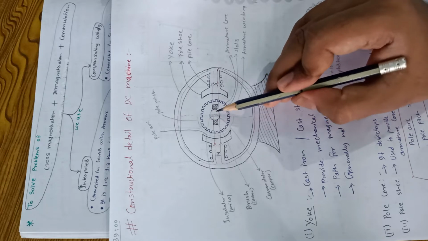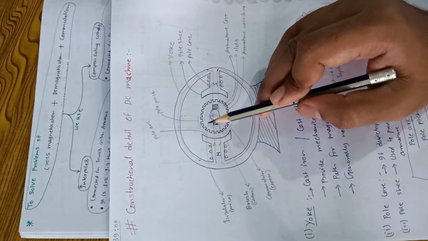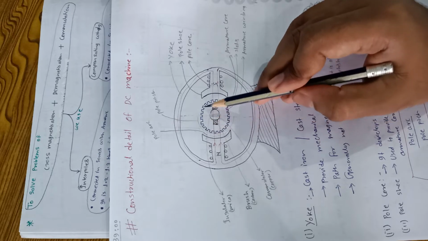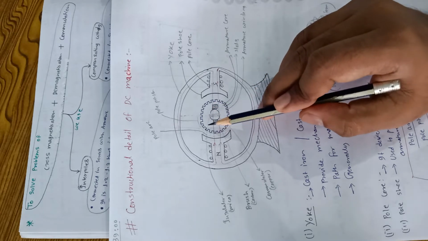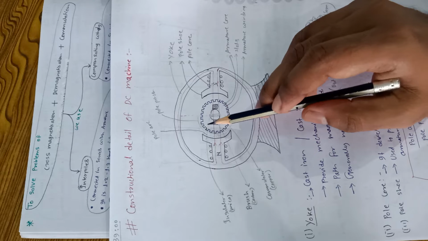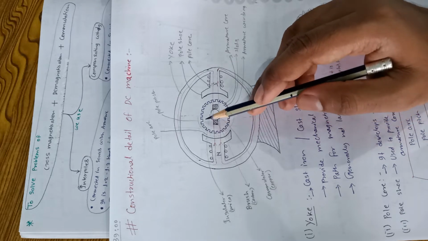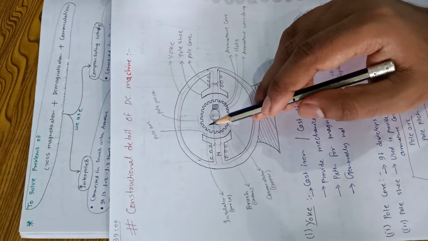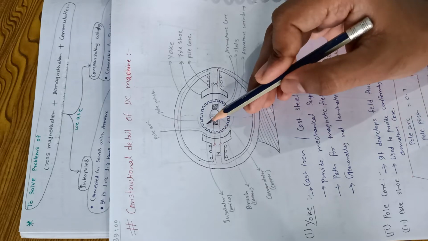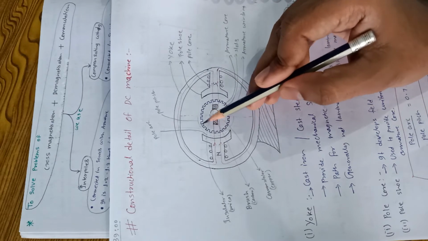Due to the commutator, this armature winding will receive the EMF, and due to this, current will flow in the armature.